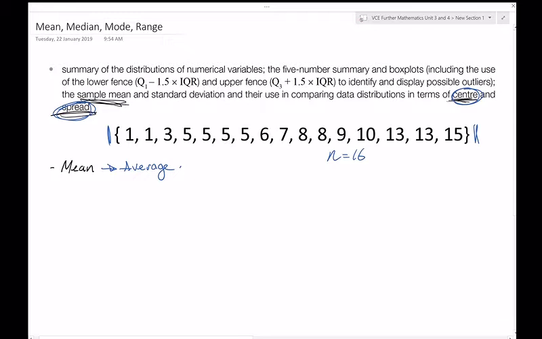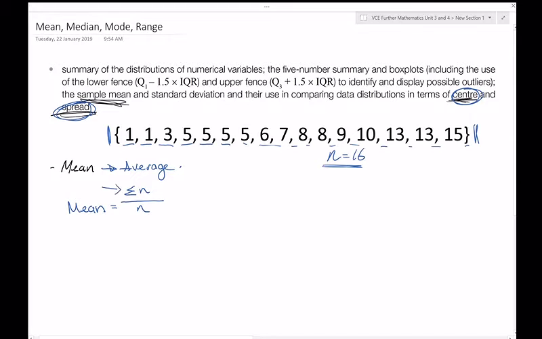Now, the calculation for the mean is: the mean is equal to the sum of all the numbers divided by the number of data. So it's basically 1 plus 1 plus 3 plus 5 plus 5 plus 5, adding all these numbers together and dividing it by 16, okay?